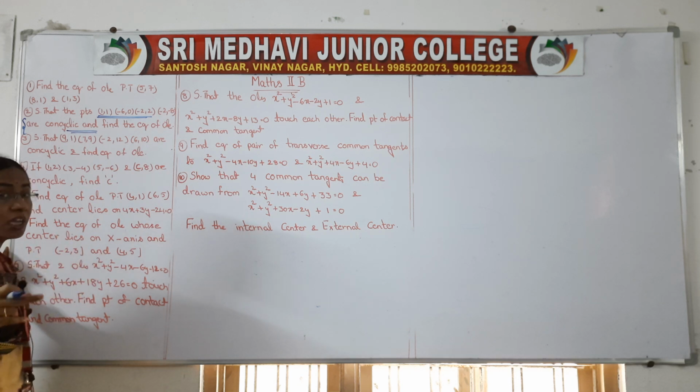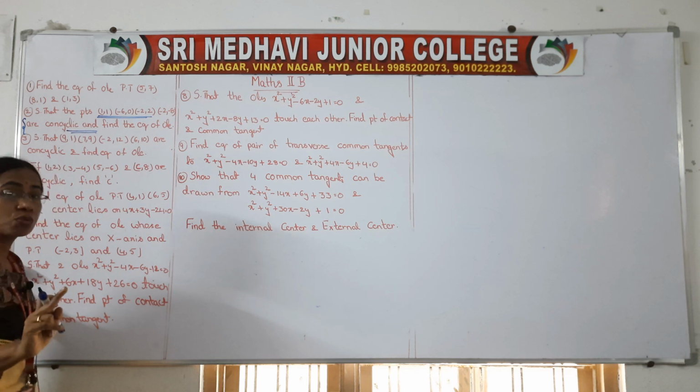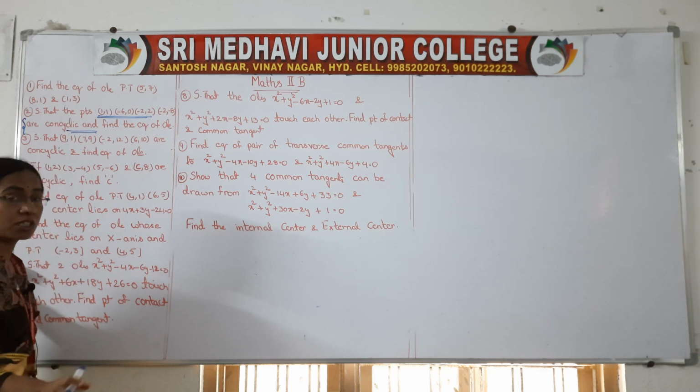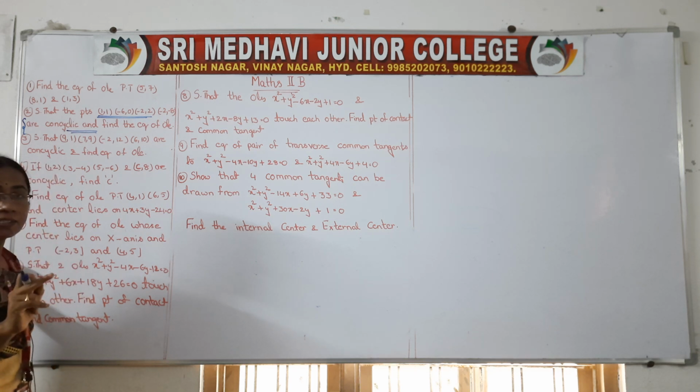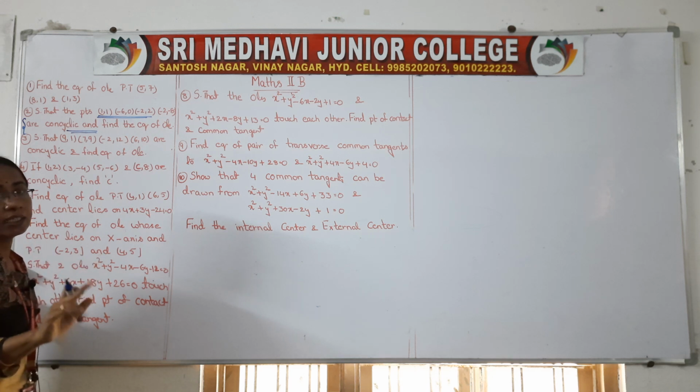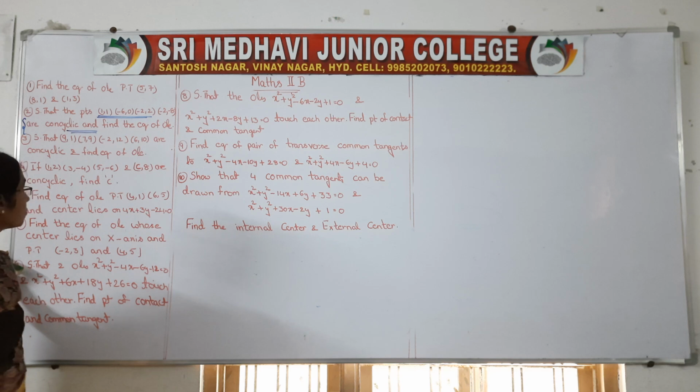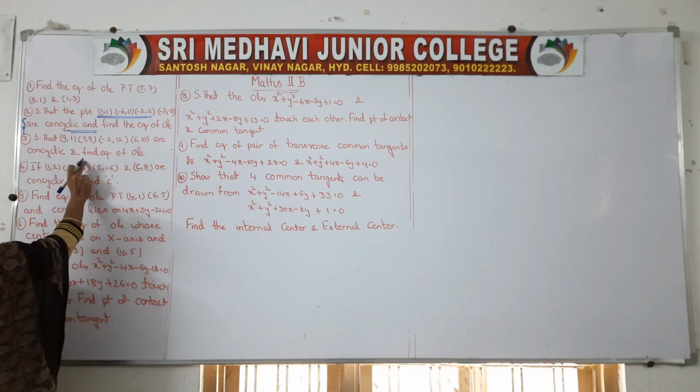You have to solve, and you will get a different circle equation also, right? In that you have to substitute your 4th point. That point has to satisfy that circle equation, then only we can say that the 4th point lies on that circle, therefore they are concyclic.